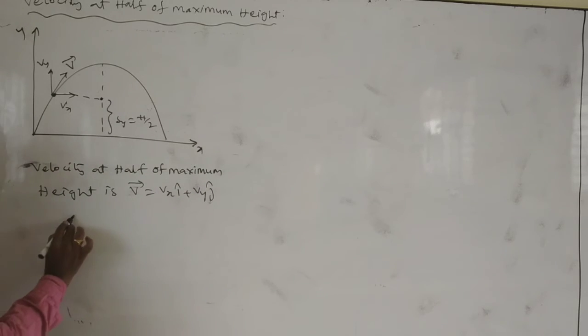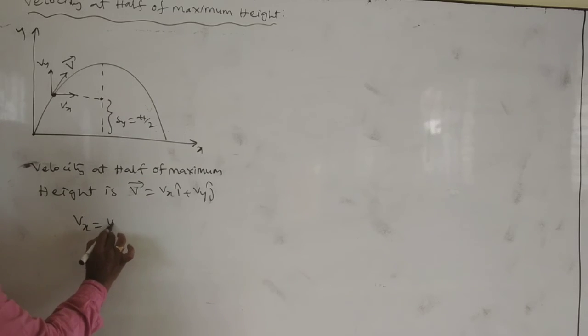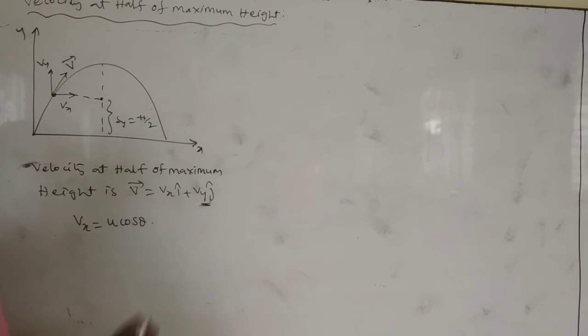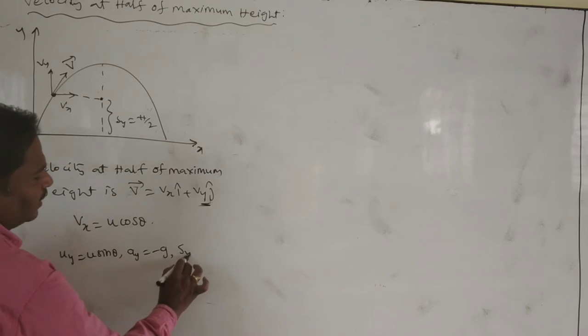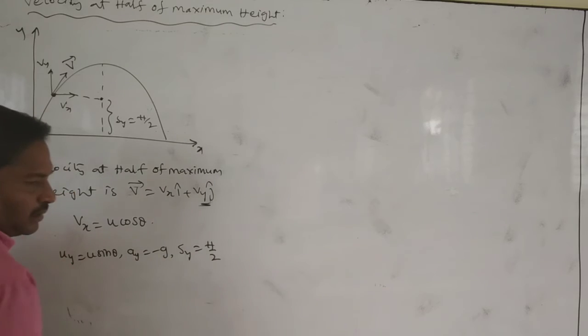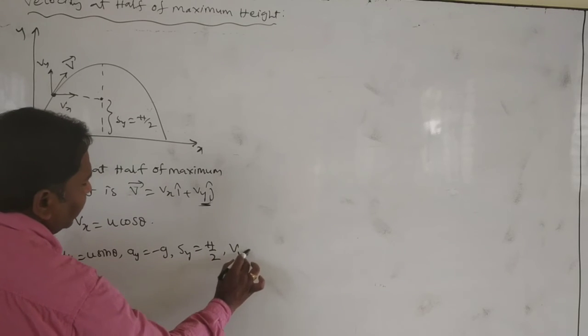Let's say vx remains constant, u cos theta only. So now at half of maximum height we are going to find vy. So what is the initial velocity? u sin theta, and going upward means minus g.